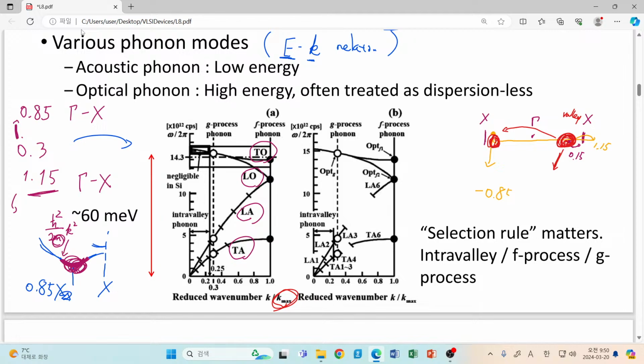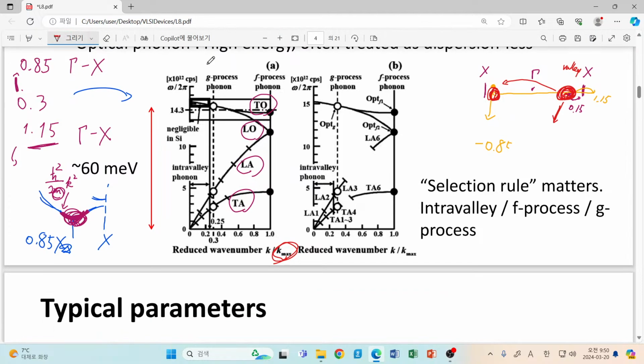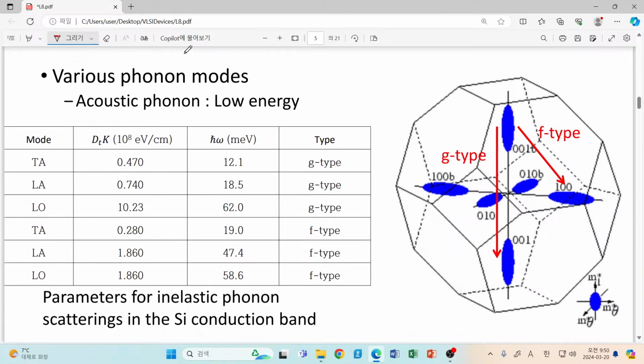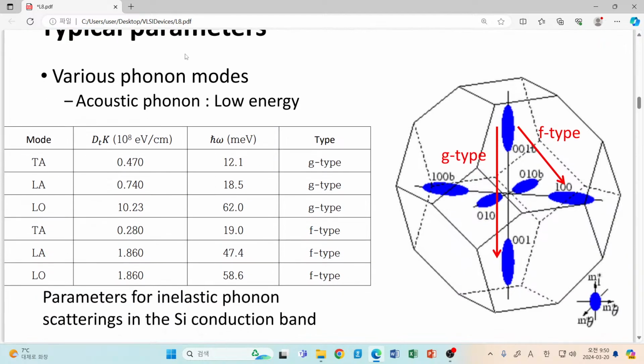to another valley located in the opposite direction. So let me go to our other one. It is simply like this. Here, let's say that there was one electron, and here the distance was just 0.15, and when we add 0.3, it moves to this point.